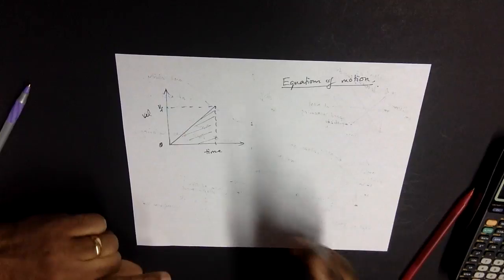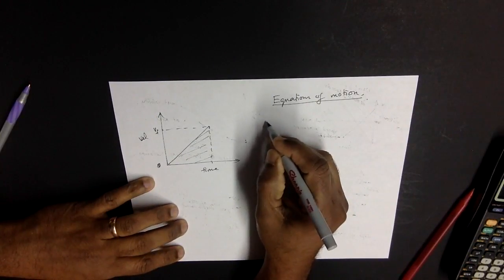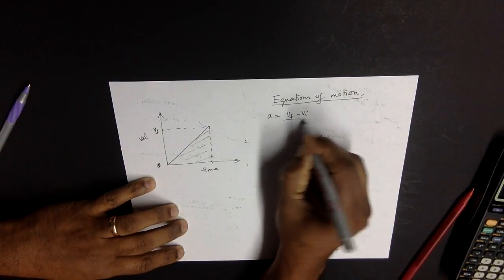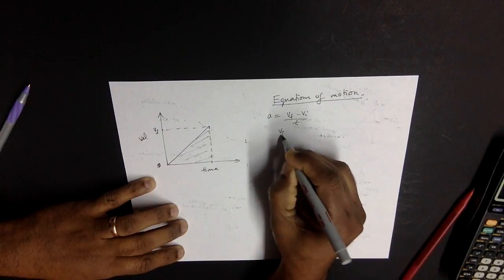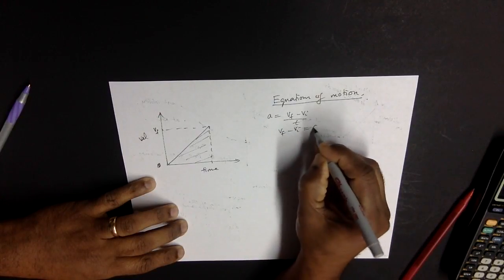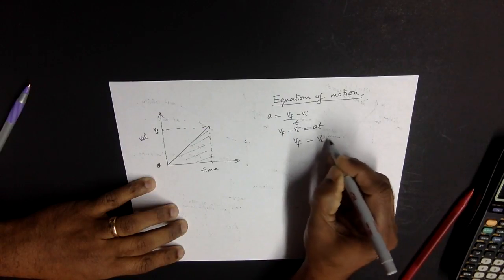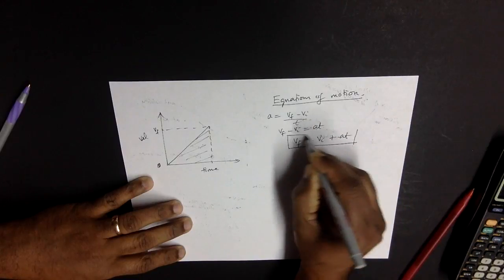And another equation of motion comes from the area. And so starting with the acceleration equation, acceleration is Vf minus Vi over time. If I cross multiply this, we get Vf minus Vi is equal to At, or Vf is equal to Vi plus At. So that's considered one of the equations of motion.